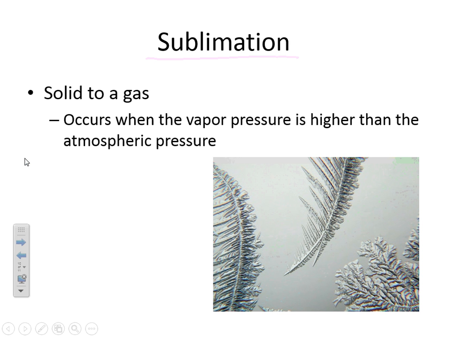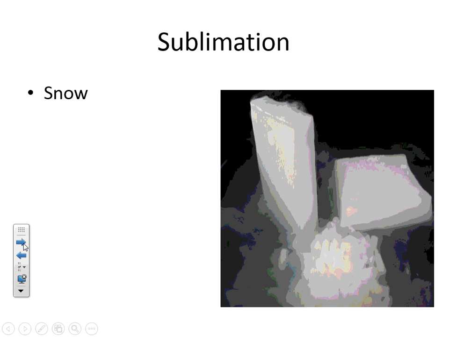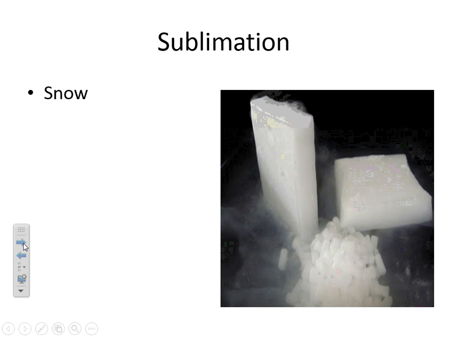So that means the vapor pressure of your water vapor from, say, ice crystals is higher than the outside air pressure, and it'll go directly to a gas without melting. So I'm going to add no melting. So it's a special situation. We know that snow sublimes, so you can just say snow sublimes. There's a verb.